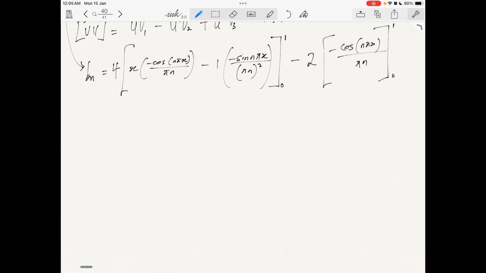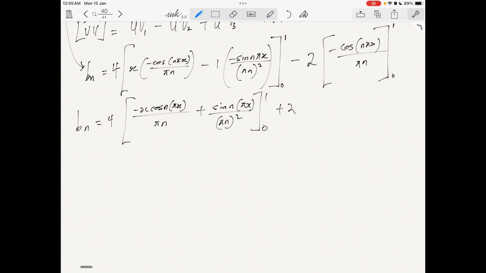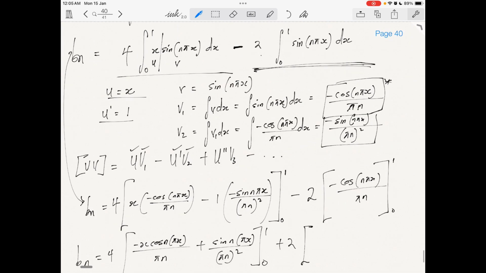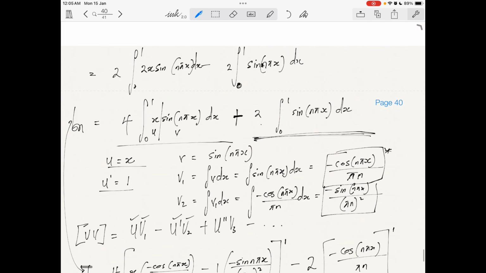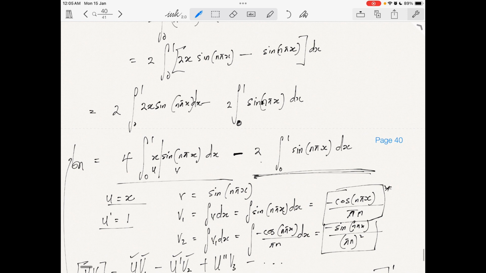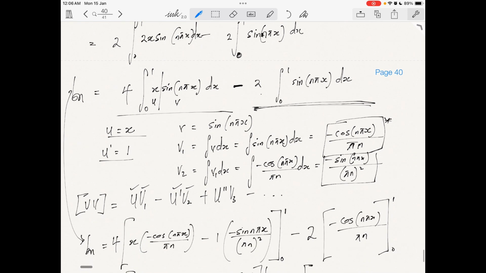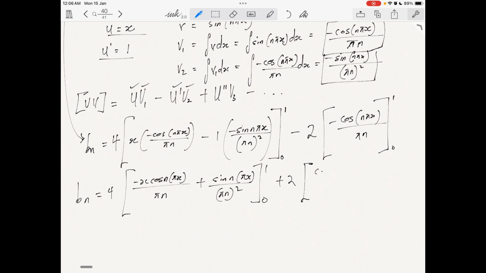So we can simplify it further, and we have that Bn is equal to 4 times minus x cos n pi x over pi n plus sine n pi x over pi n squared from 0 to 1, and this can give us plus 2 in the range of cos n pi x over pi n from 0 to 1.